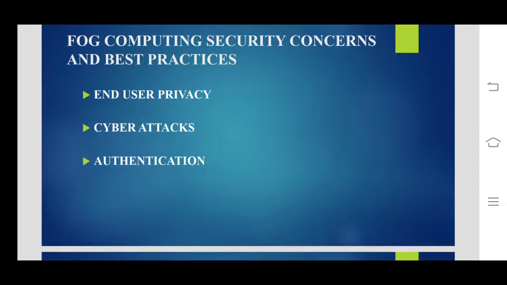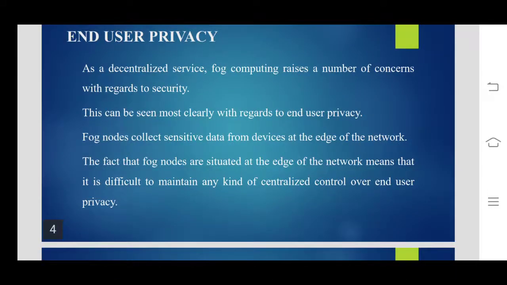There are three fog computing securities. They are end user privacy, cyber attacks, authentication. First, end user privacy. As a decentralized service, fog computing raises a number of concerns with regards to security. This can be seen most clearly with regards to end user privacy.